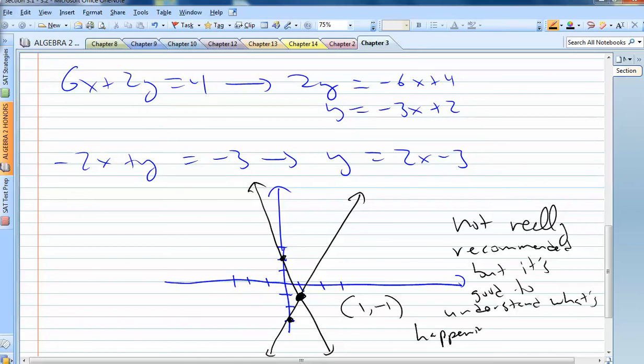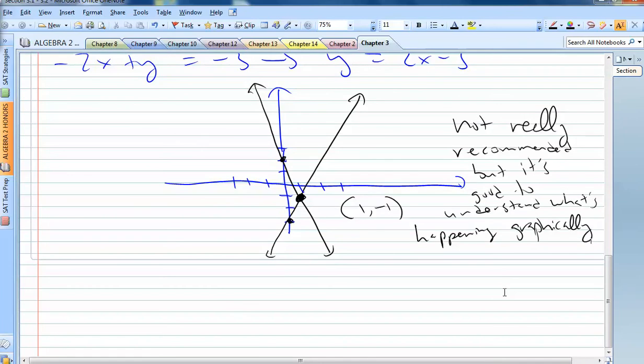So when you solve a linear system of equations graphically, the point of intersection will represent the answer, because that's where both lines will share the same x and y coordinate. And so it satisfies both equations.